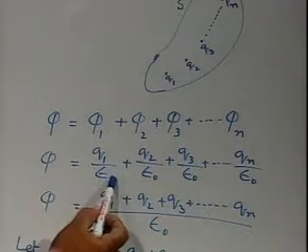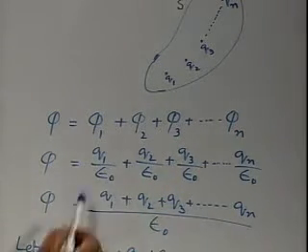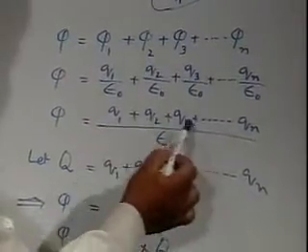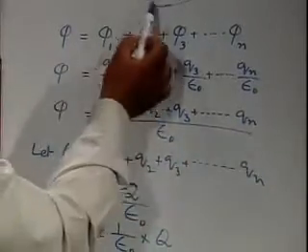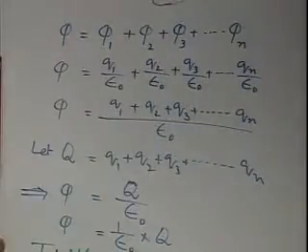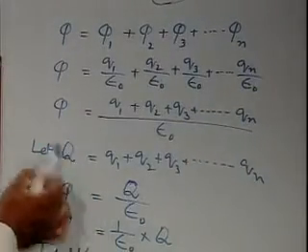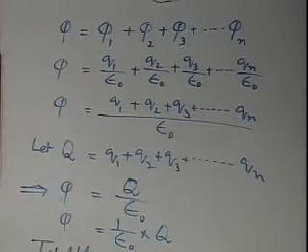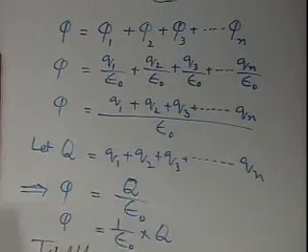Taking epsilon naught as LCM, we have q1 plus q2 plus q3 up to qn. Now the quantity in the numerator actually represents the total charge enclosed by the surface. So we denote it by Q. Therefore, phi is equal to Q over epsilon naught.